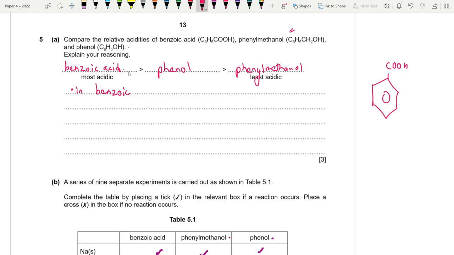So in benzoic acid, the negative inductive effect of CO weakens the OH bond. Okay, that's great.